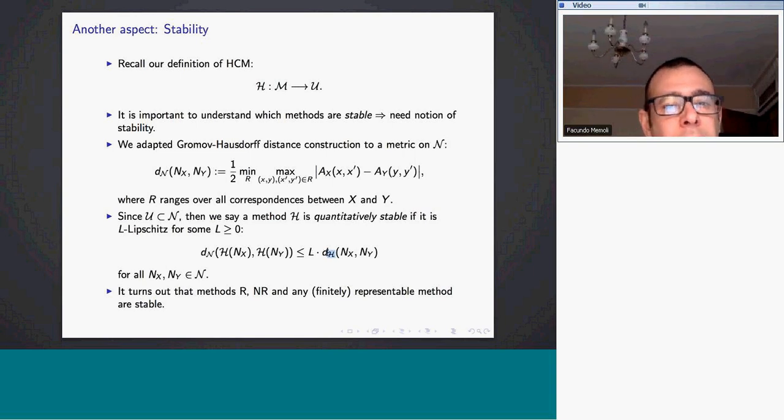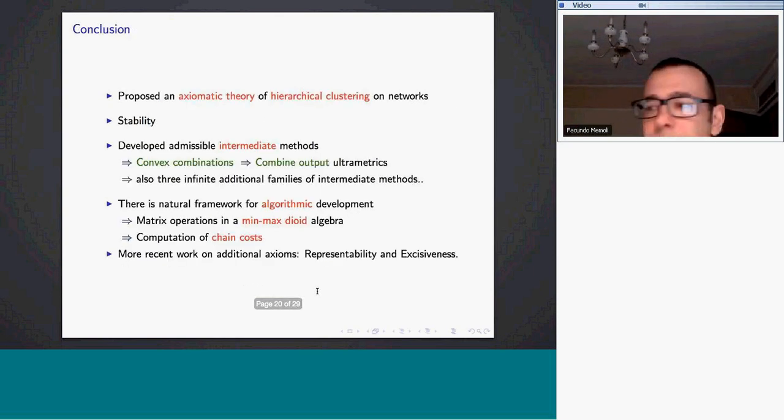So H happens to be a Lipschitz map between the space of all networks and the space of all ultrametric networks. Following, so the reciprocal method and the non-reciprocal method, finitely representable methods. So stability by methods by extendability because of the equivalence theorem between functions.